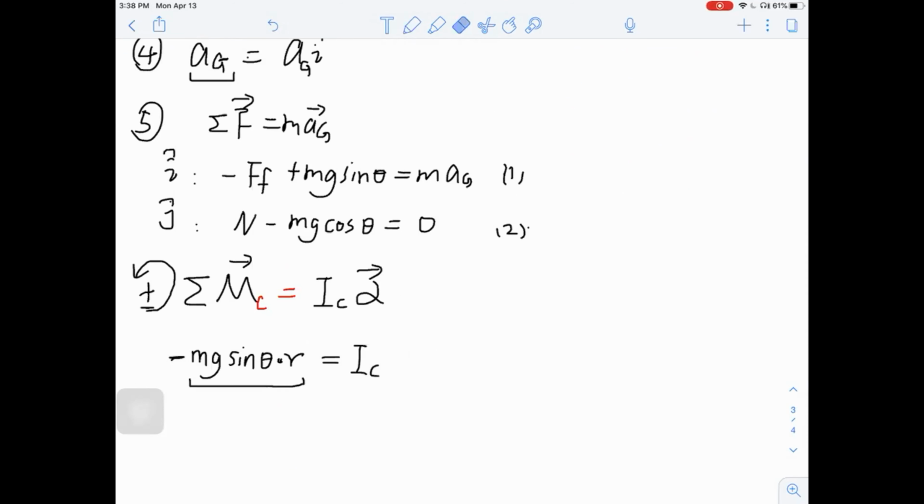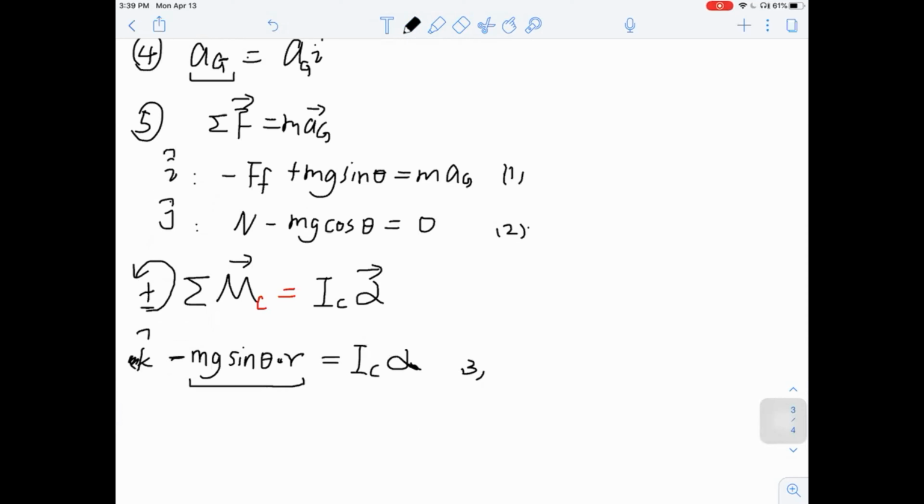Here, I don't need the vector notation. The first equation is in the I direction. The second equation is in the J direction. The third equation is in the K direction because this is a moment, it's about rotation.